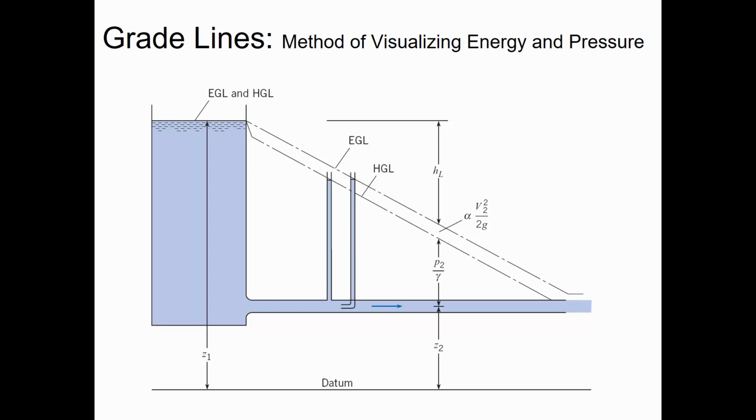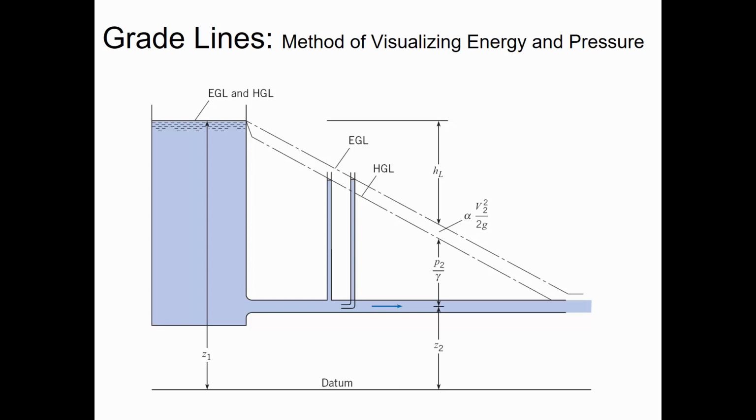Now if we look at this sketch, what it's saying is that inside of a tank, the energy grade line and the hydraulic grade line are just at the water surface in the tank. Think about what that means: we've got some datum down here that we're measuring all of our elevations above. Inside the tank, we're assuming that water has no velocity, and up here at the surface, the water has no pressure.